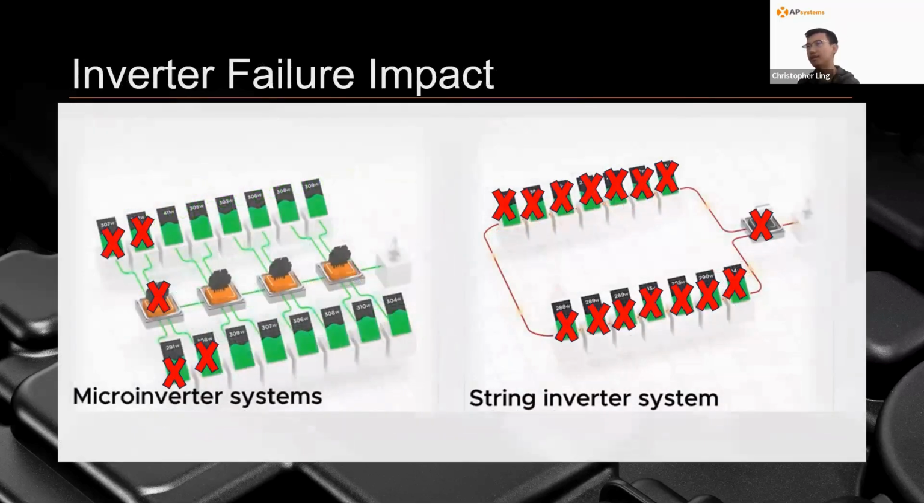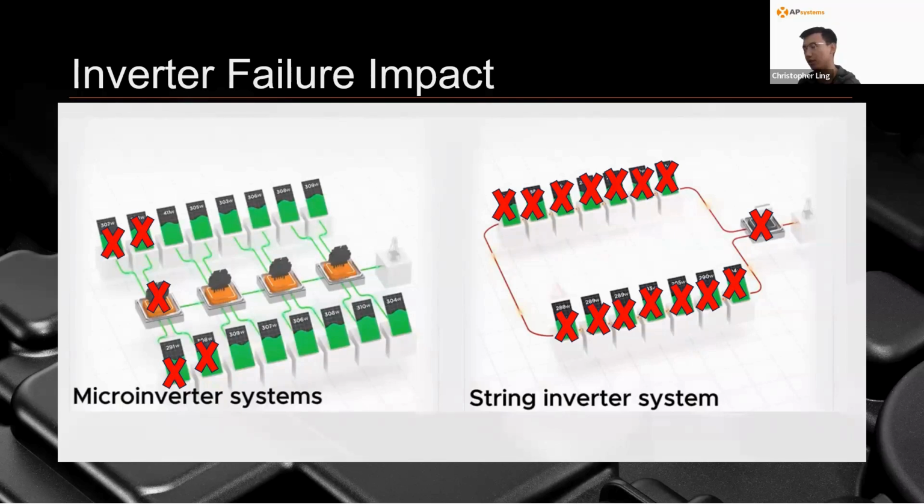Another point as well is it allows you to not have centralized points of failure. The one downside of a centralized string inverter is that if that goes down, then the entire string basically goes down. Whereas if you have a microinverter, in the example that I showed here with the QT2, where you have four panels into a microinverter, the worst thing that can happen is that if a microinverter fully goes down, then it just takes down four panels.